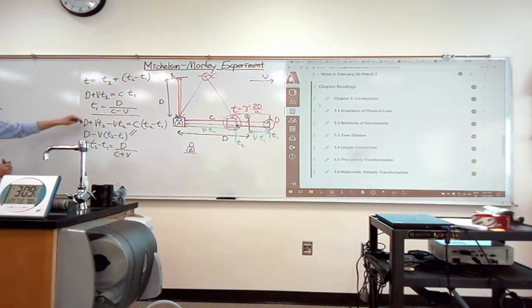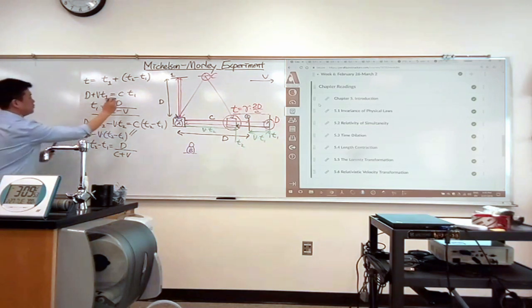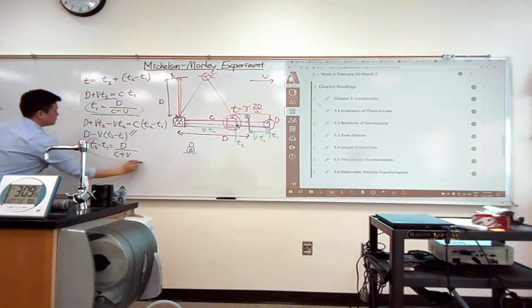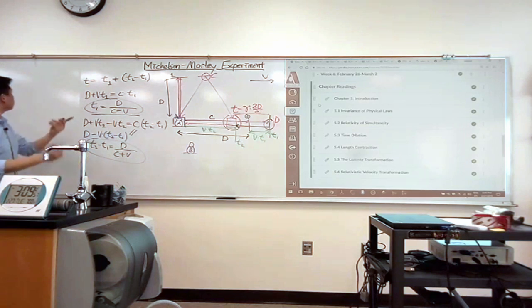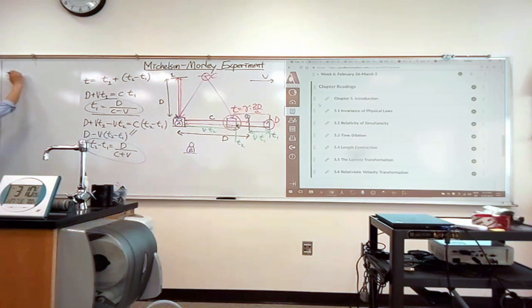Let's plug these two expressions into up here and see what we get. I'm just going to move back here and write those expressions down. So total time t is equal to d divided by c minus v plus d divided by c plus v.